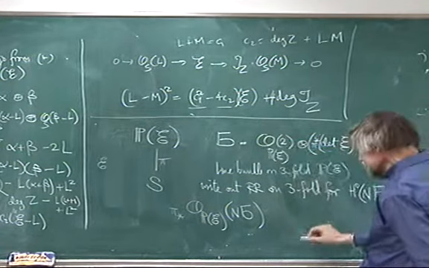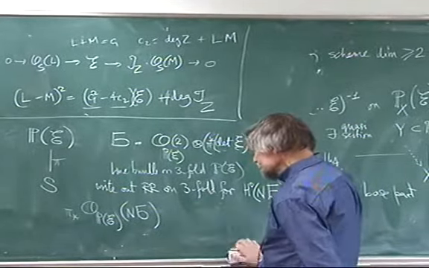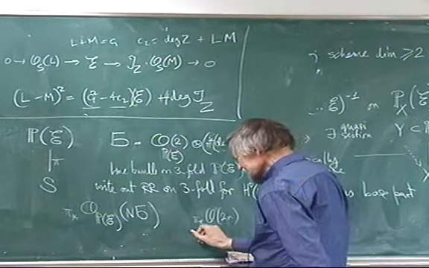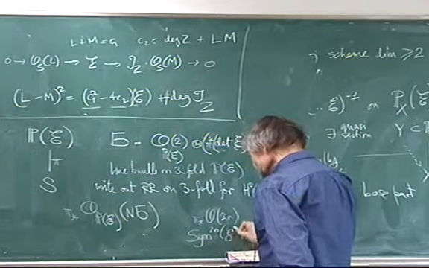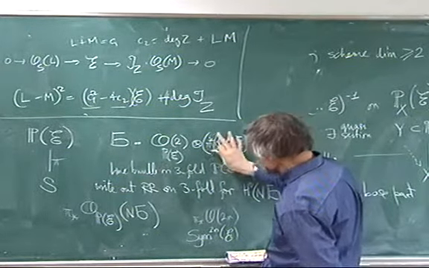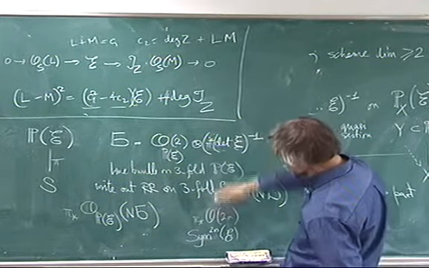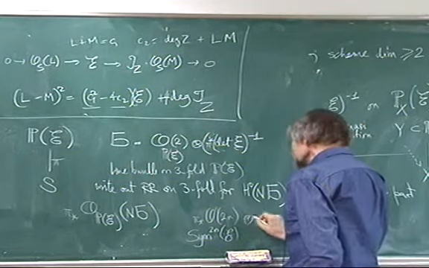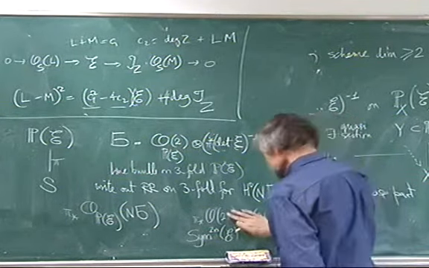I get the push down of O of 2n, which we know is Sym 2n of E. Then by the projection formula, we might as well do the tensoring by the pullback afterwards. So this is tensor determinant of E to the minus n. Sorry, I've changed from big N to little n.